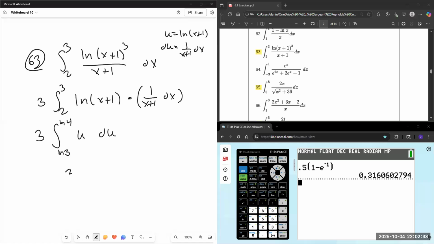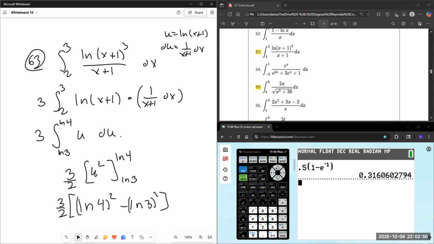This is 3u squared over 2 from ln of 3 to ln of 4. This is 3/2 times ln of 4 squared minus ln of 3 squared.